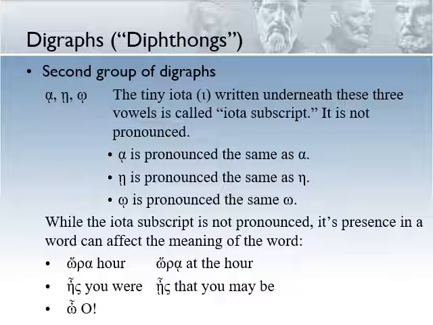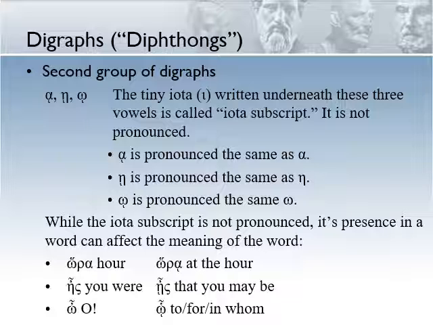One more example. Notice omega by itself is like an exclamation. Oh, with an exclamation mark. But omega with an iota subscript can mean to whom, or for whom, or in whom, depending on the context.